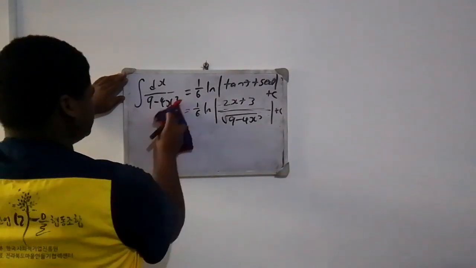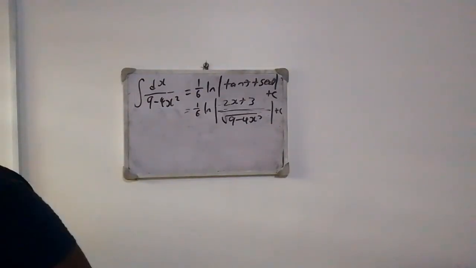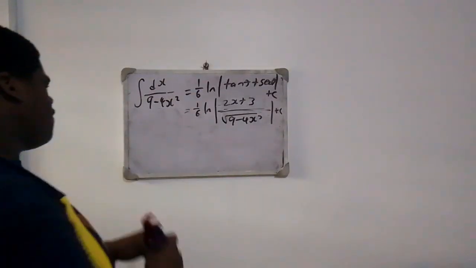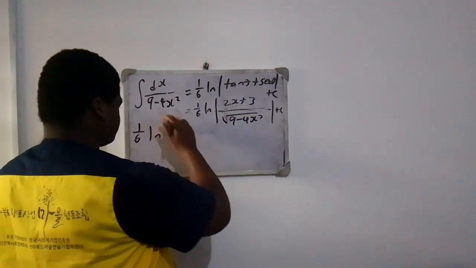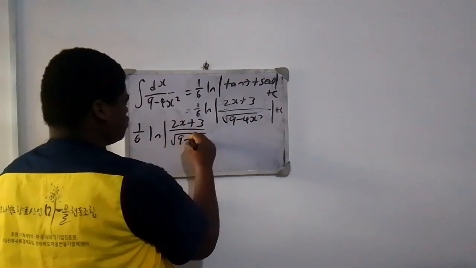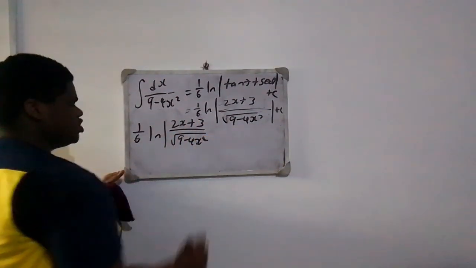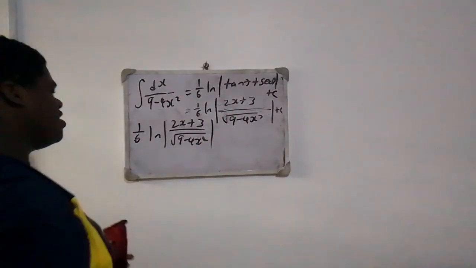But as always, with all these trigonometric substitutions, you can have multiple answers that all mean the same thing. So instead of 1 over 6 times the natural log of 2x plus 3 divided by the square root of 9 minus 4x squared, right? Instead of this, you can try to simplify it a little bit further.